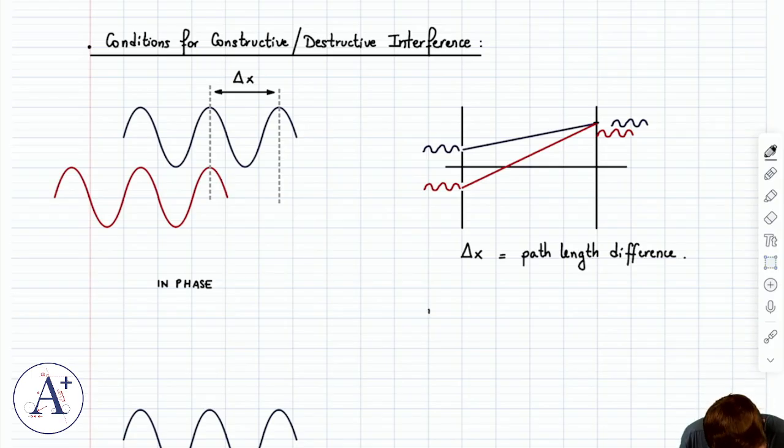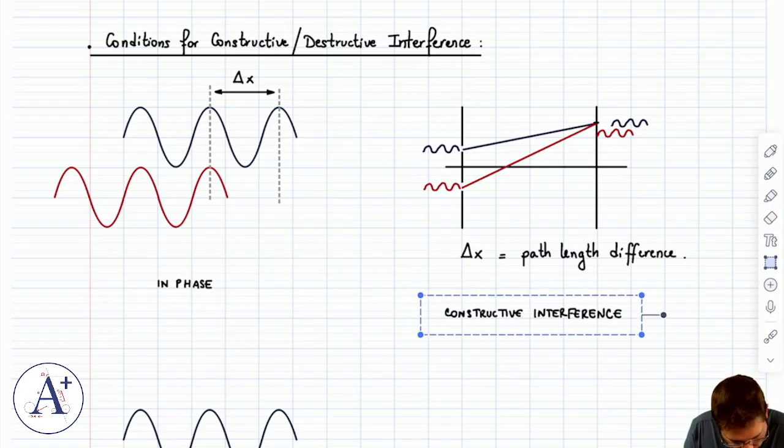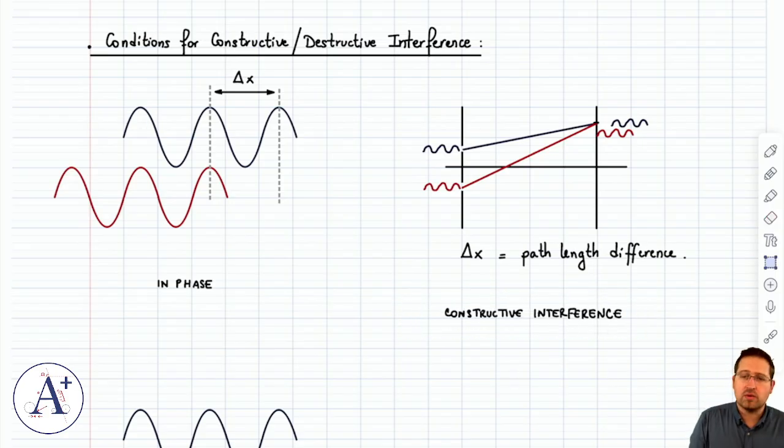And so constructive interference is going to mean that these two waves are going to combine in such a way that you get more light. In other words, you get a bright fringe, if you want to think of it in those terms, but you get light that is brighter than the individual light from each wave, because they combine together and give you more light.